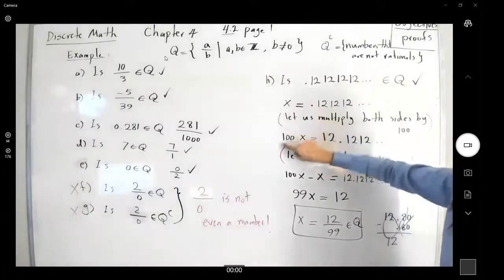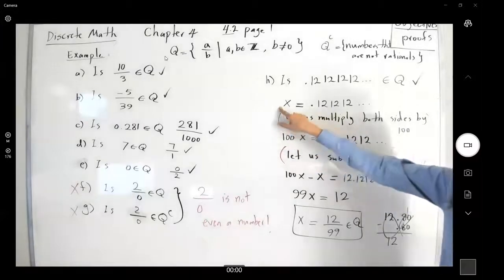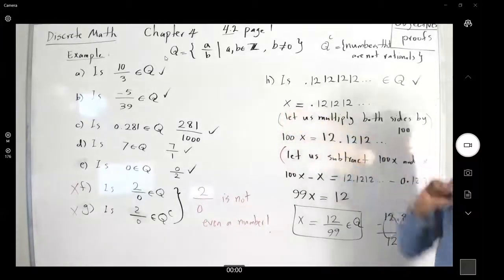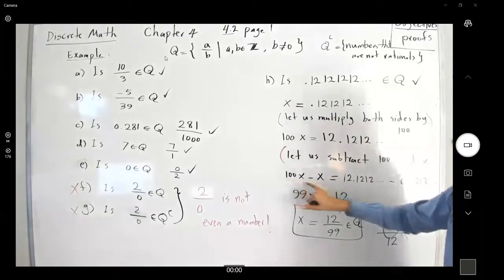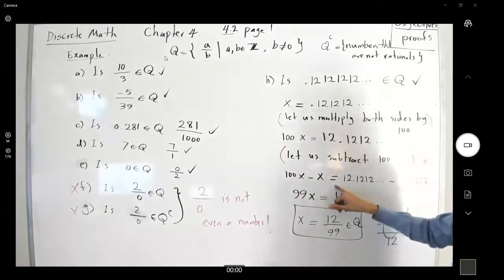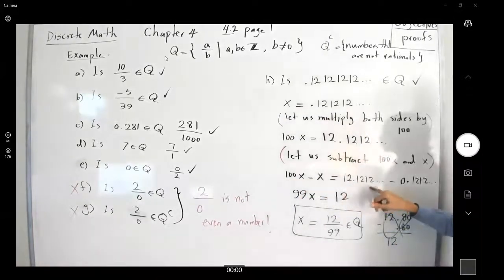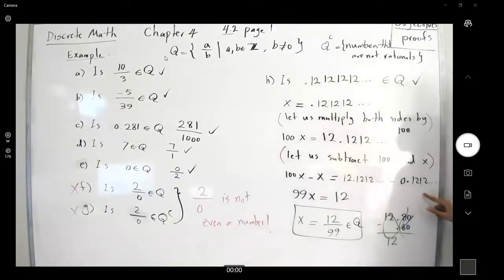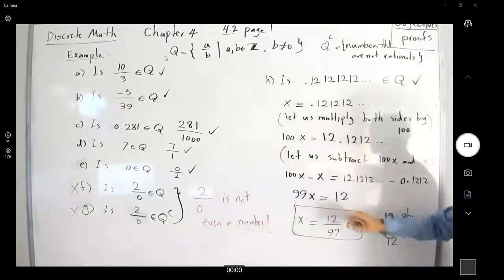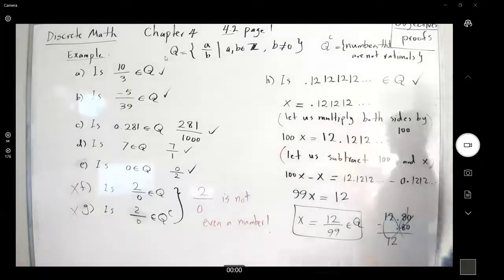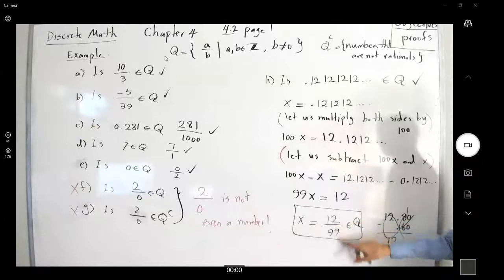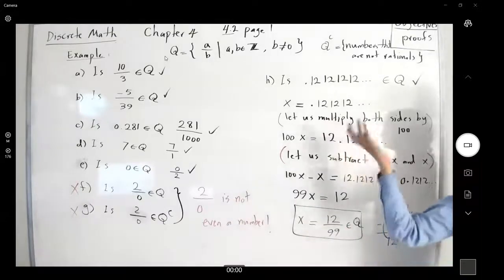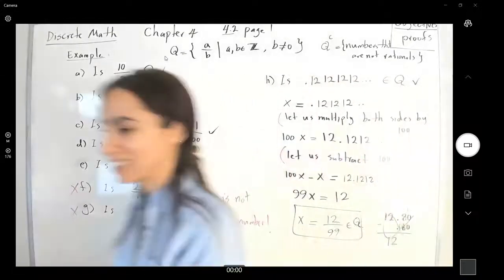Now you're subtracting x from 100x. So we get 100x minus x equals 12.121212 minus 0.121212. So 99x is equal to 12. It's like subtracting 12.80 and 0.80. The outcome is 12. So x is equal to 12 divided by 99, which is a rational number.